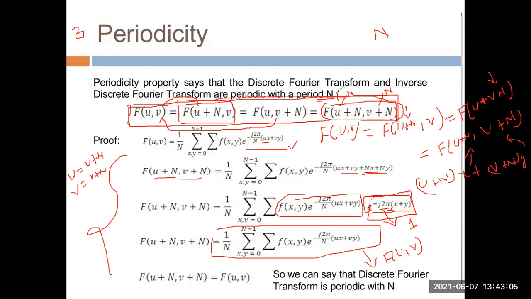And similarly with respect to both coordinates u and v, it will also be equal to the original Fourier transformation. So we get the same set of signals.